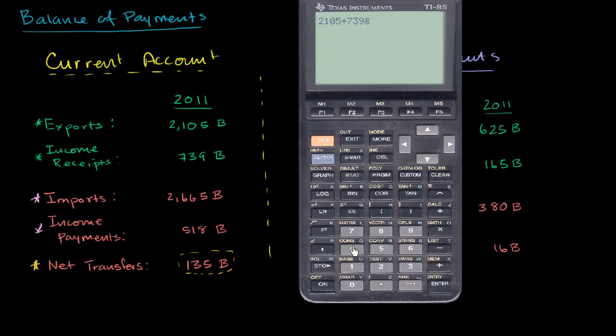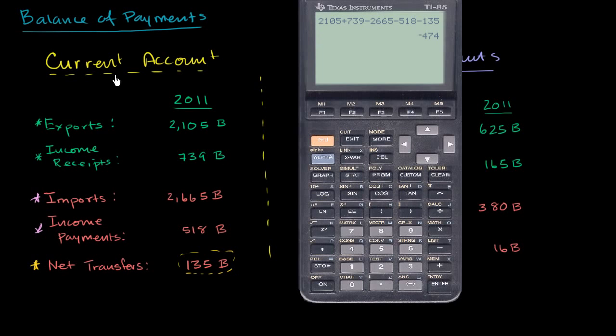And now let's subtract out all of the outflows of currency from the U.S., all of the payments that go out of the U.S. So the payments we have to make due to imports, so 2.7 trillion, and then we have the 518 billion of income that foreigners make on foreign-owned assets in the U.S., and then the money that the U.S. just gives away to the rest of the world on a net basis.